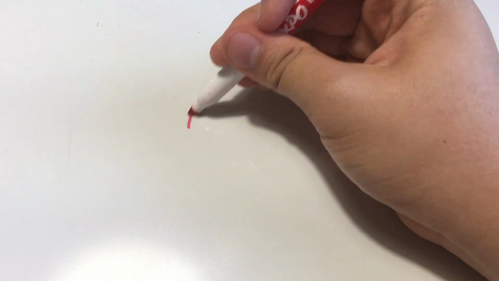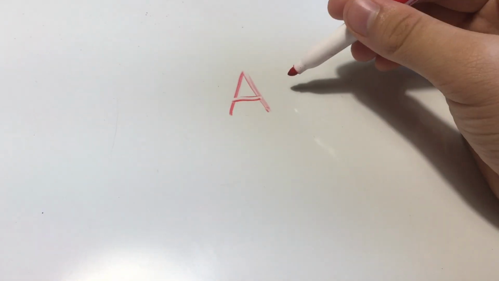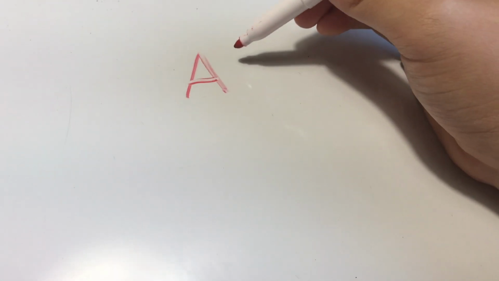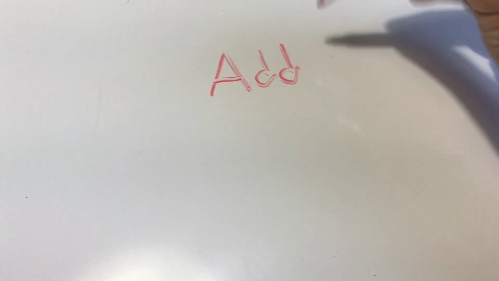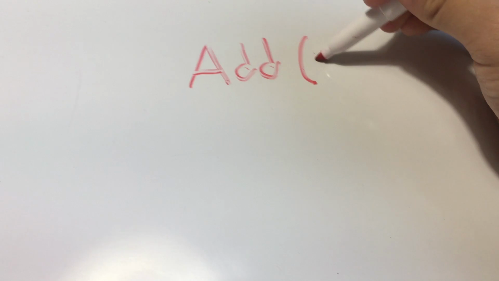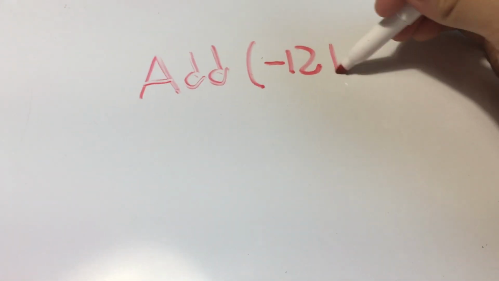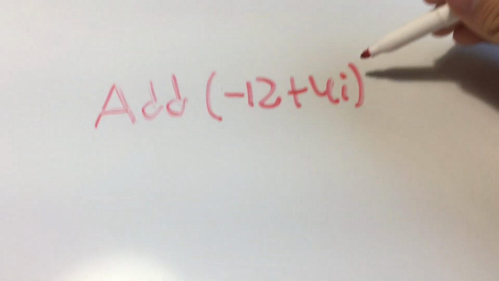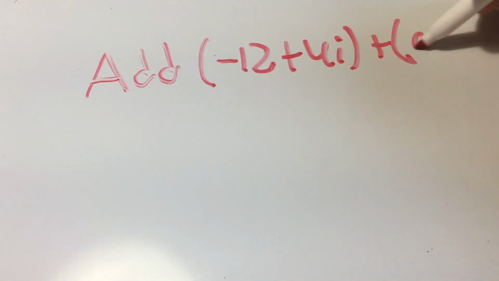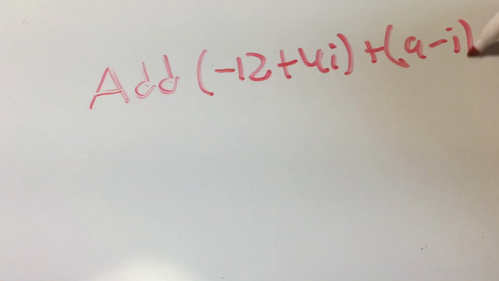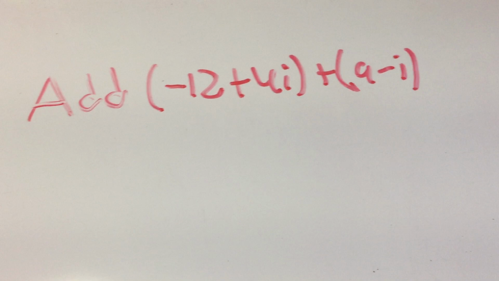Alright. So next. Now we're moving on to adding and subtracting complex numbers. So first question, add -12 plus 4i plus 9 minus i. Okay.